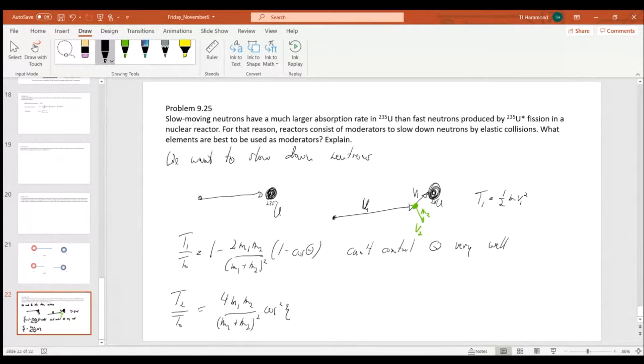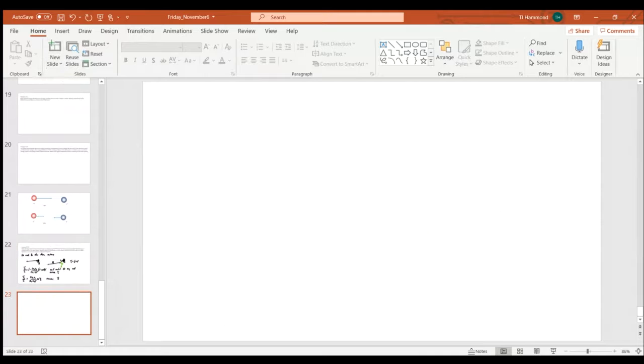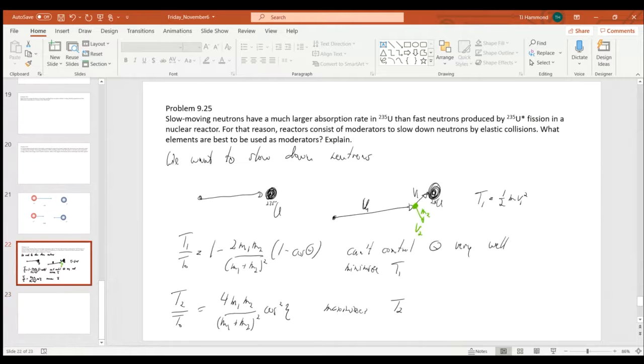So either we want to maximize T2, I should say, not M2, T2, or minimize T1. So either way, we want to maximize T2, or minimize T1, with respect to m2, because that's the thing that is recoiling.